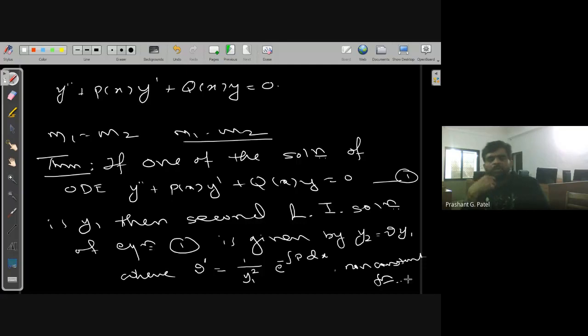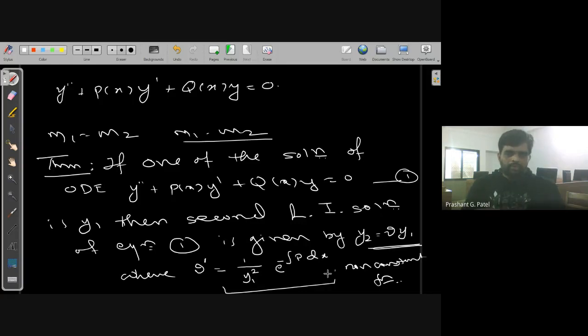So this is a very important result, which gives you another linearly independent solution when you have one. Y2 is equal to v y1, where the value of v you can calculate using this expression.